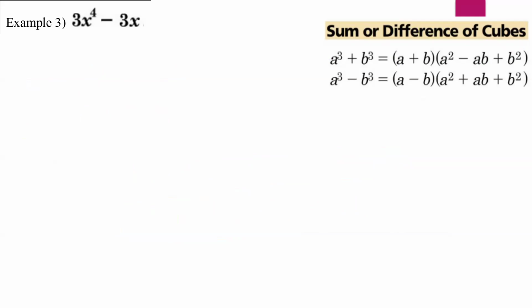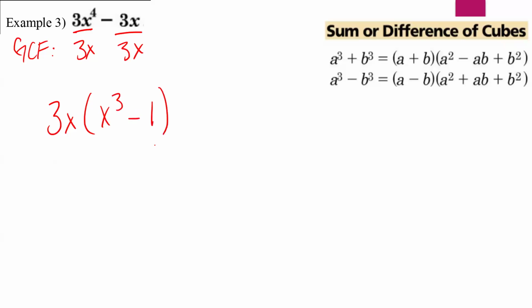Okay. But before I let you fly, little birdies, what do you notice this one has? It has a GCF. So before you can follow a rule, you need to find the GCF. What is the GCF here? 3x. So I'm going to take out 3x first. So I'm left with 3x times x to the third minus 1.